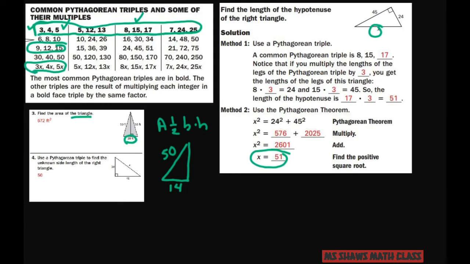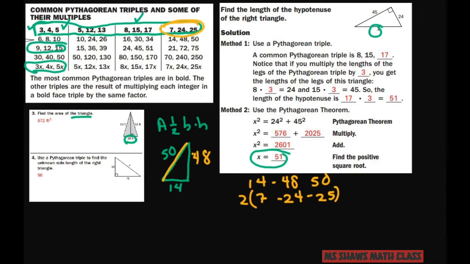And so we know with our triples, if you have 14 and you have a 50, your 50 is the hypotenuse, which is always your bigger number. If you divide this by 2, you get 7, 25. So this would be 24. Multiplying this by 2 gives you 48. So I'm using this one here. So this is 48.